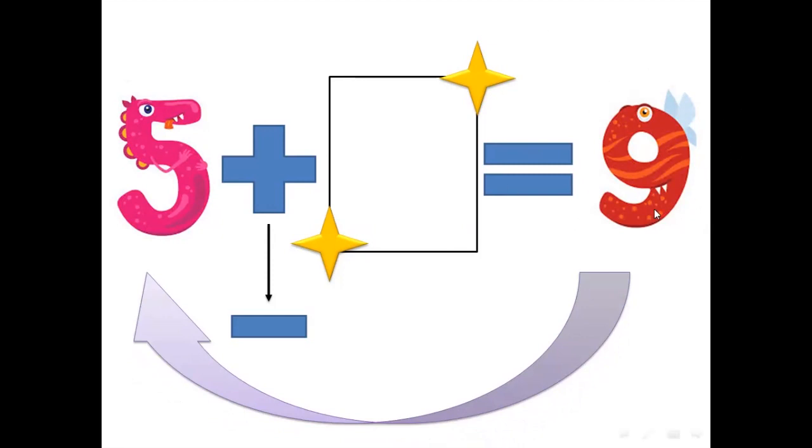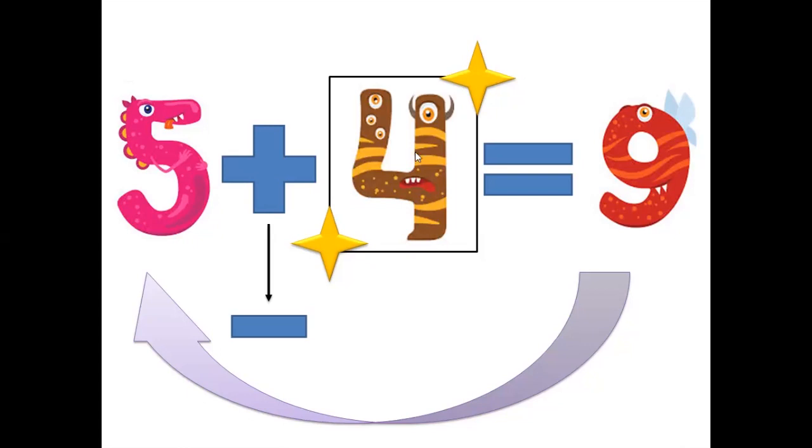After 5: 6, 7, 8, 9. How many fingers do you have, all of you? 4. Good job. So I will write the number that I have in the magic square here. Okay, let's do another one.